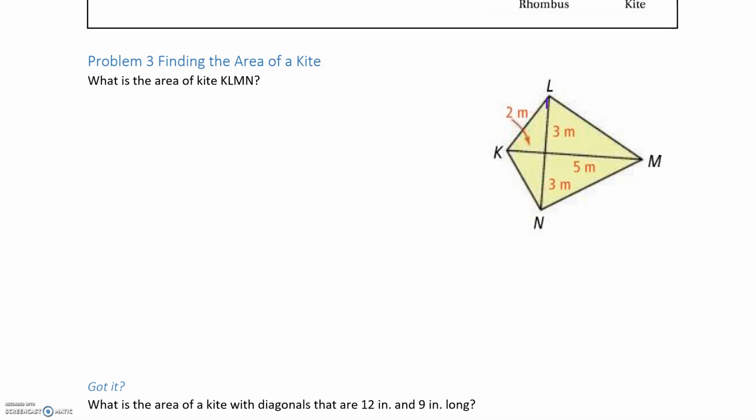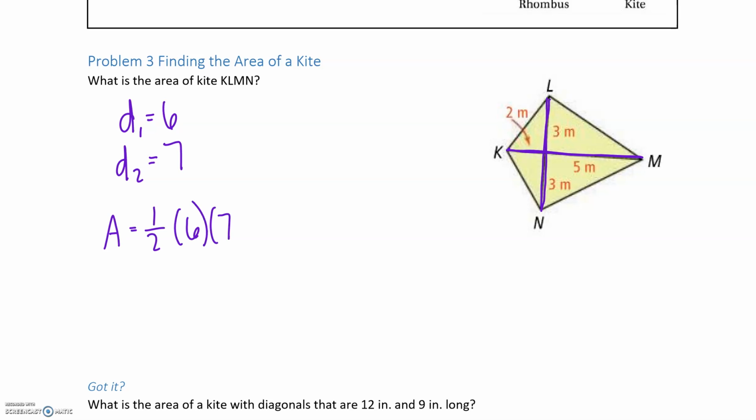We know that this diagonal right here is just that 3 plus 3, so diagonal 1 is going to equal 6. And our longer diagonal is going to be 2 plus 5, so we have diagonal 2 equals 7. So if we put that into our equation, we are going to have A equals 1/2 times 6 times 7, which would give us 21 meters squared.